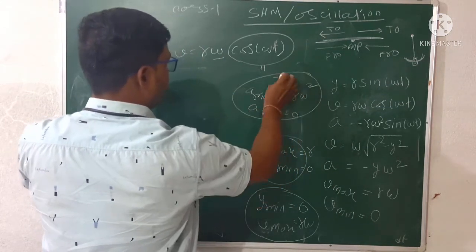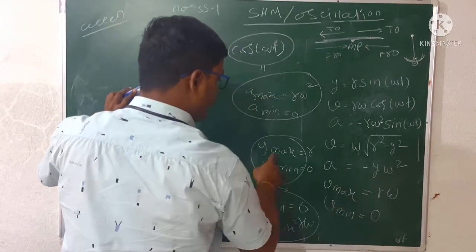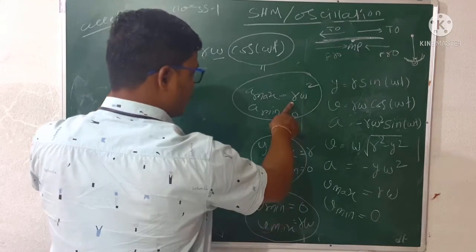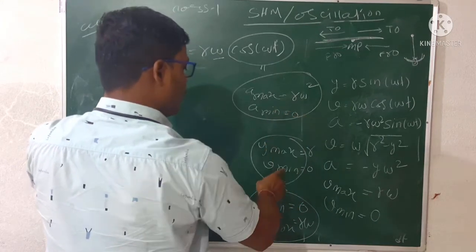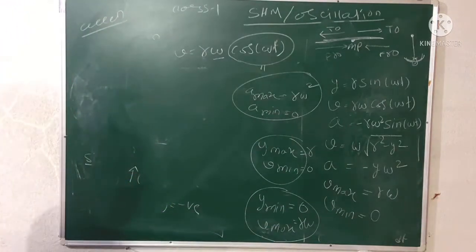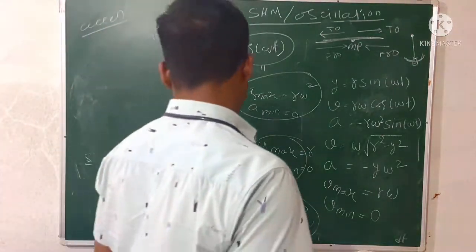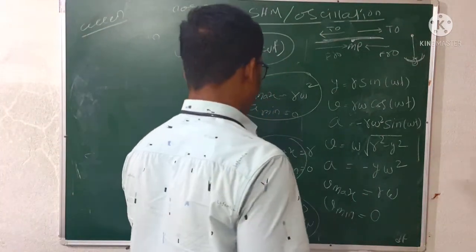Omega is a constant, so this depends upon y. What is y maximum? r. You substitute, so that will be r omega square. What is y minimum? That is 0. So acceleration minimum is 0. Okay, so these are all the things about the position, the velocity, and the acceleration of a simple harmonic motion.